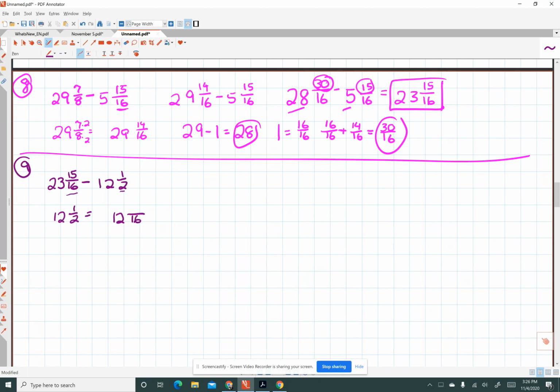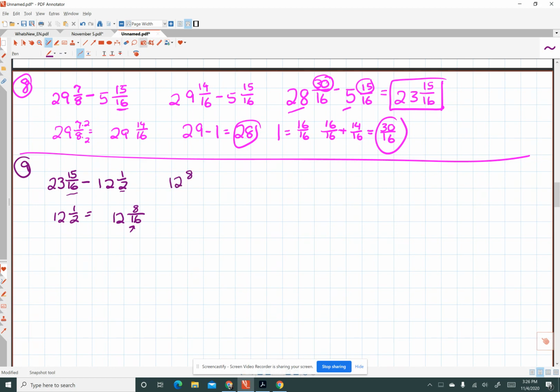Some of you may be getting to the point where you've recognized that if you have half of something, you just have half of this number, and half of 16 is 8. So 2 times 8 is 16, 1 times 8 is 8. So now we have 12 and 8/16.